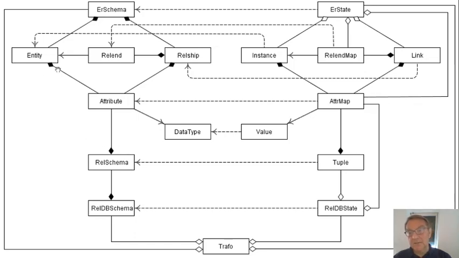And the black diamonds on the other side of the associations for the attribute indicate that the attribute can only belong to one of entity, relationship, and relational schema. An attribute cannot at the same time be an entity attribute and a relationship attribute.